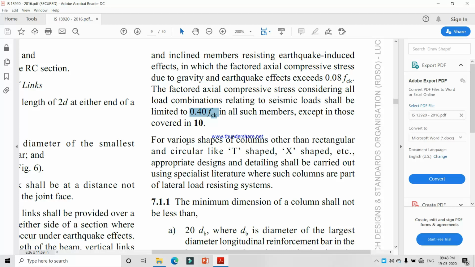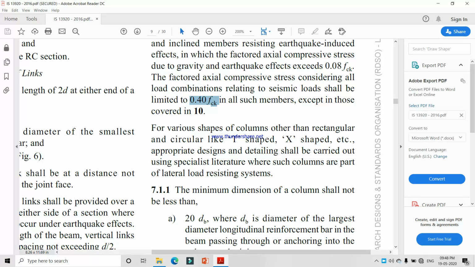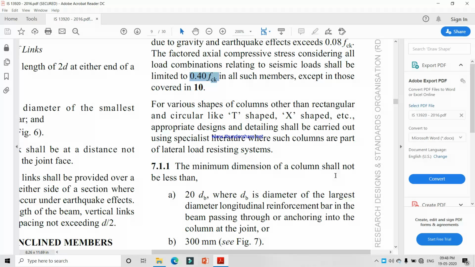For various shapes of column other than rectangular and circular, because for circular and rectangular we do not need to provide ductile detailing, for the T and X shape, special design and detailing should be provided for the lateral load resisting system.